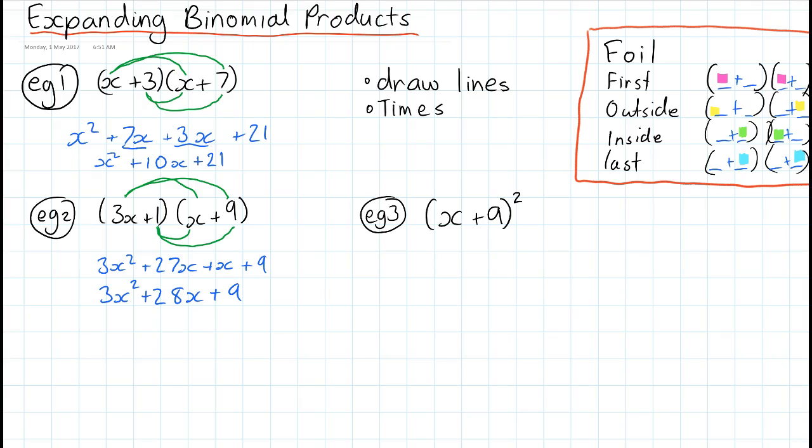Now finally, I've got this x plus 9 squared. Okay, and this may not look like the others, but actually it is. x plus 9 is squared. Everything in the brackets is times by itself. So we can write it as two brackets exactly the same: x plus 9, x plus 9. And then draw the arrows.